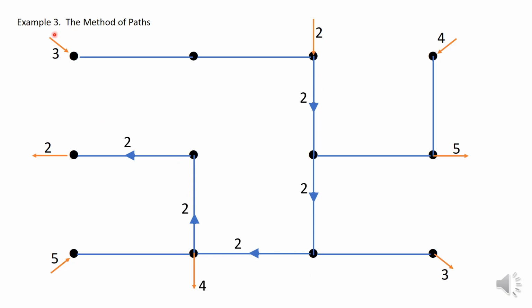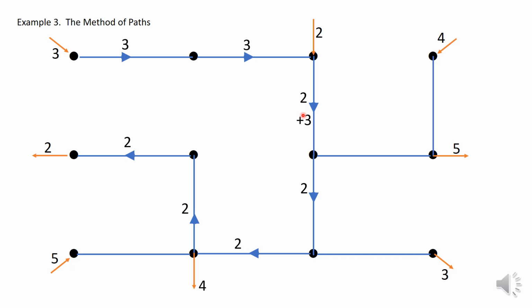Now let's look at the flow of 3 here. You want 3 entering here and 3 leaving. What we will do is find a path from this node to this node. And so 3 entering here must flow along here, and then 3 along this branch, and then 3 down this branch.